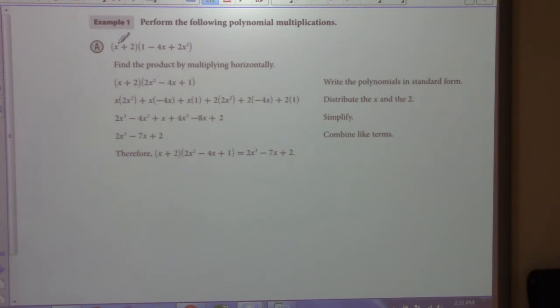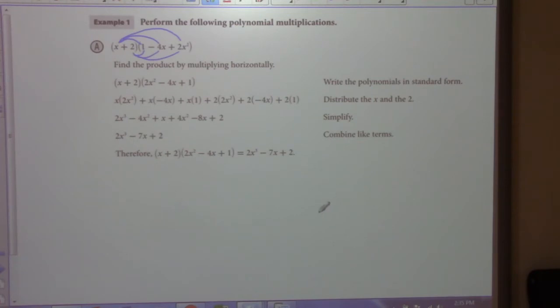One way you can do that is you can connect the terms like this. So x times each of these plus 2 times each of these, and add them together. So you'll have 6 terms total.